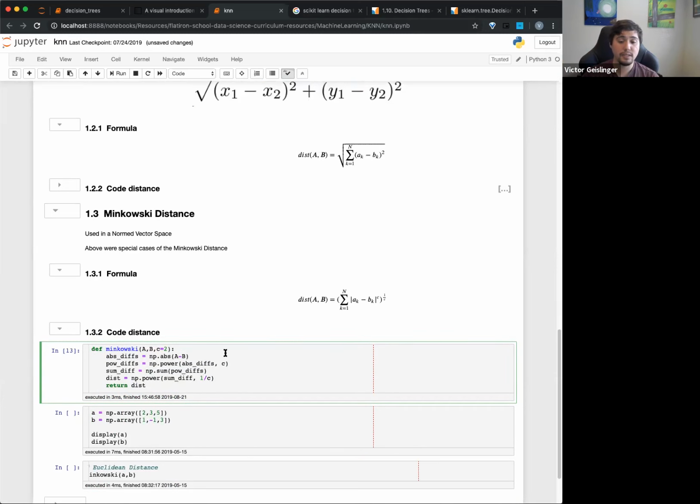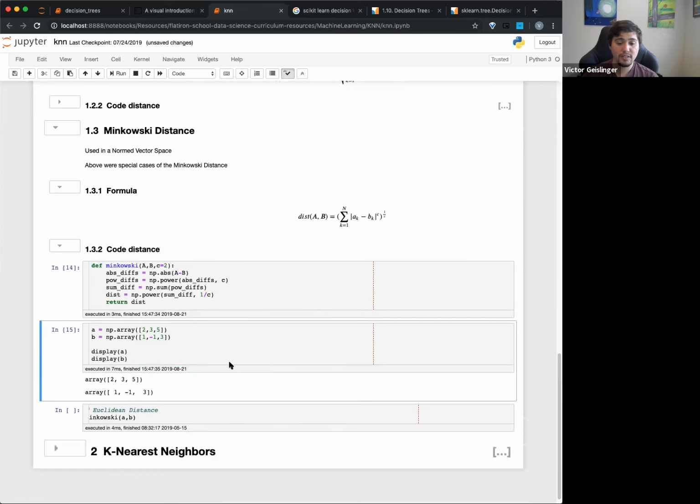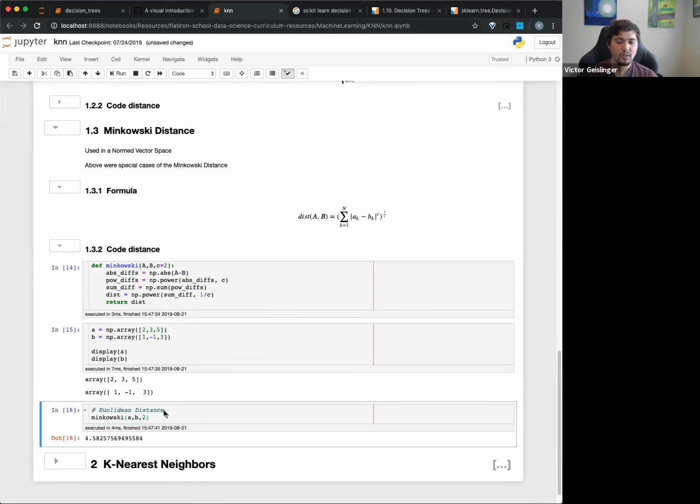And so we can do whatever we want in this case. For example, if I wanted to do a Minkowski of the power of 2, we saw that was about 4.5, I think. If I did the power of 1, it'd be 7, because that was the Manhattan distance. If we do the power of 10, you can see it gets smaller and smaller. If I do 100, I don't even know if this will work.